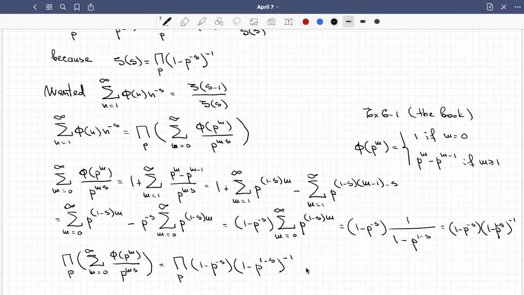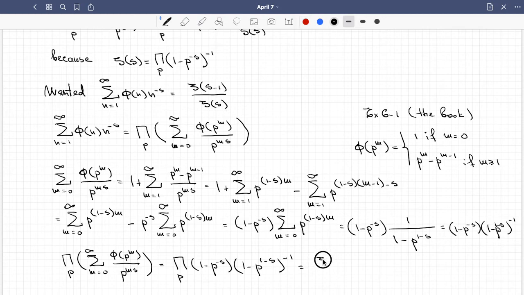And that is our answer, because both zeta of s and zeta of s minus 1 have the same factors. So the product of these inverse factors is exactly zeta of s minus 1. The product of these factors is exactly 1 over zeta of s.